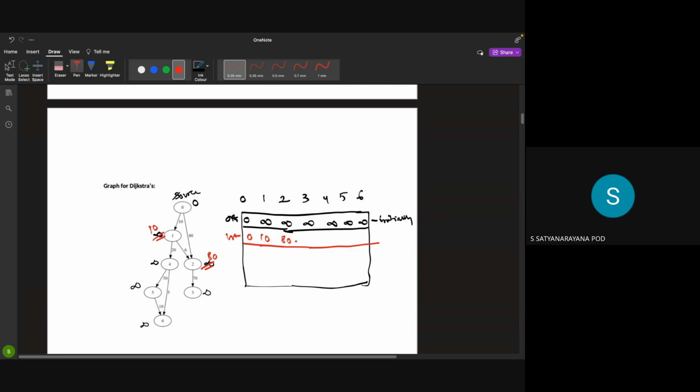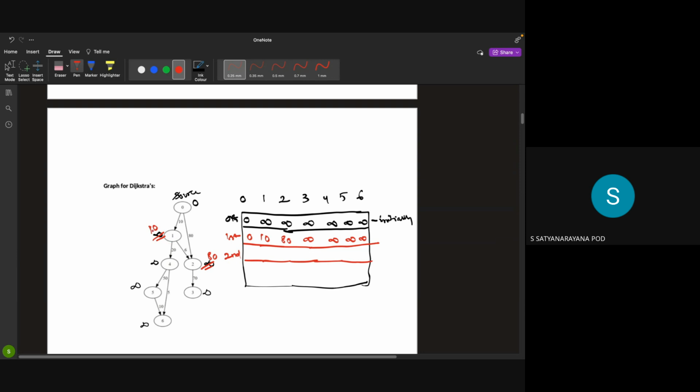We don't know about the rest yet, because we started from 0 and only went up to its adjacent vertices, 1 and 2. Now we run one more time. 0 to 1 is okay. Now 1 to 4, because we have a direction.